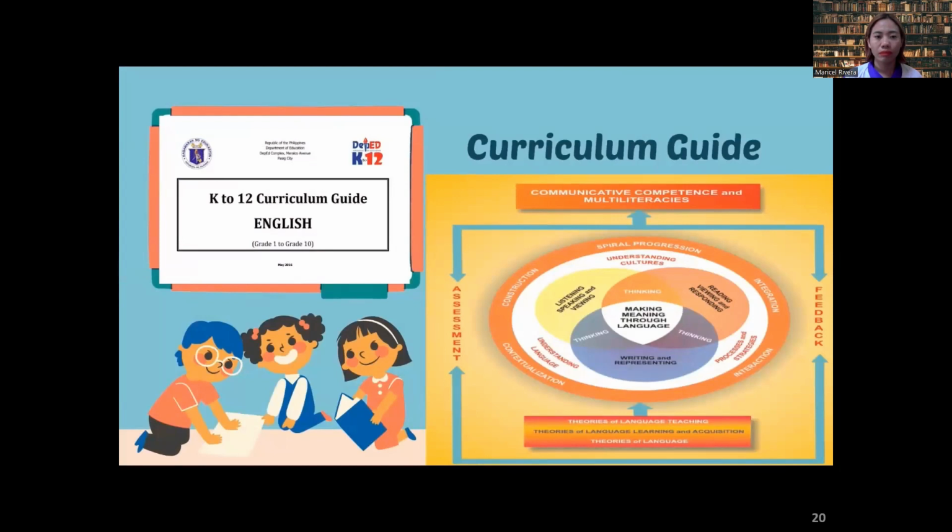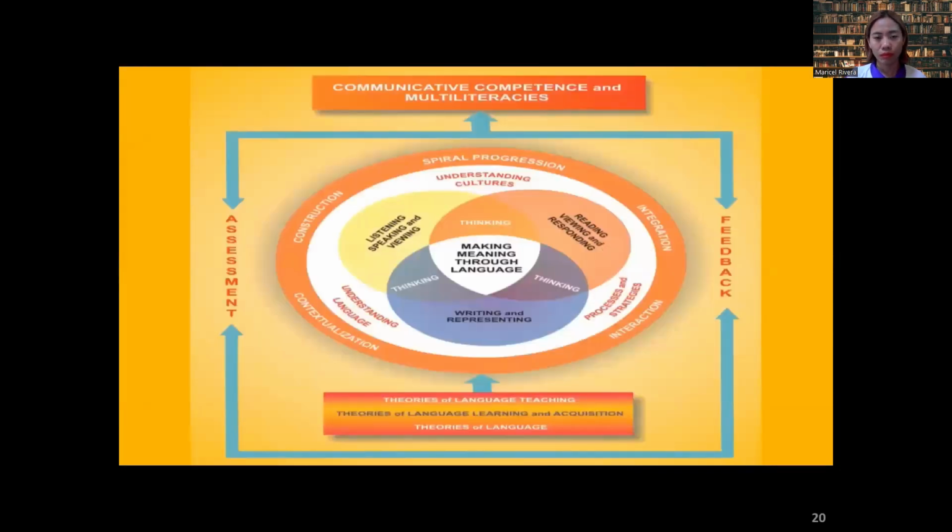It also provides an articulation of what students should know and be able to do, as well as support to teachers in selecting how to achieve these goals. The foundations of the K-12 English curriculum are the theories of language teaching, theories of language teaching and acquisition, and theories of language.